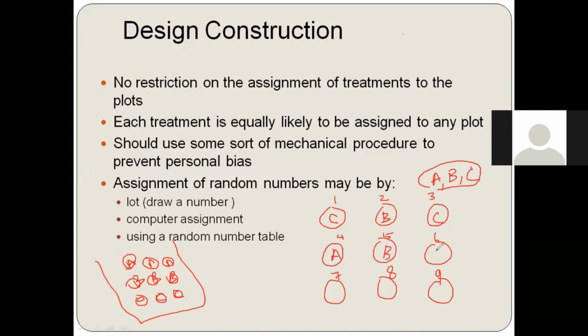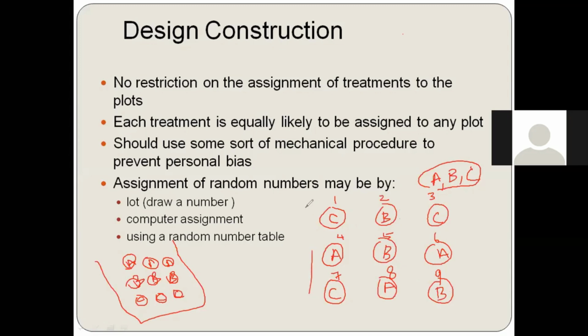Then I got A, then C as an example. Then I got A. The last piece that I got is B. So you see 3 times C is coming, 3 times B is coming, 3 times A is coming.